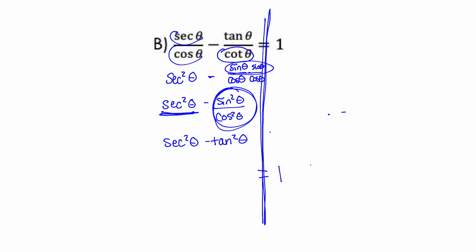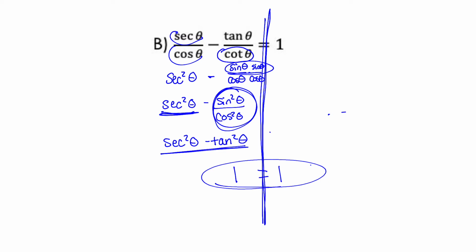If you look back on your previous page, that would be page 4, where we have the tangent squared and the secant squared, I know that tangent squared plus 1 equals secant squared, and then I had 1 equals secant squared minus tangent squared. So this right here equals 1, and I just proved that identity.